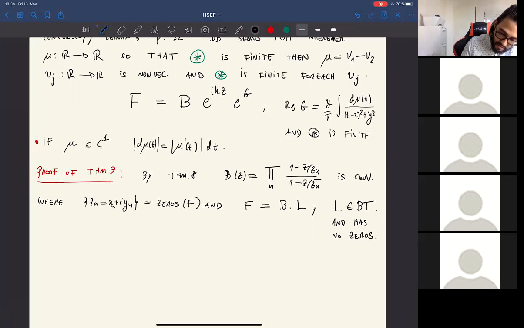Now we can use problem 24. By problem 24, I can write L as P over Q, both bounded by 1, and P and Q with no zeros. Let's see if that's the way I'm writing it. Yes, P over Q, both bounded by 1.